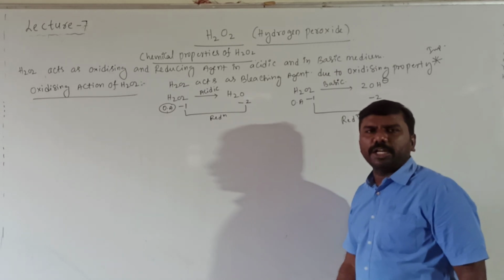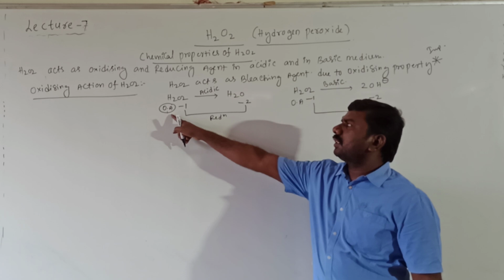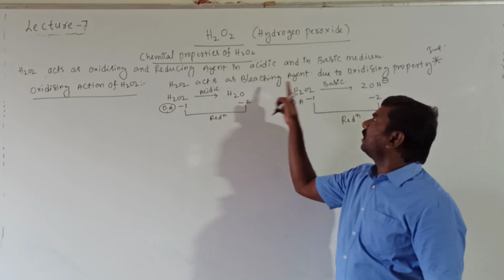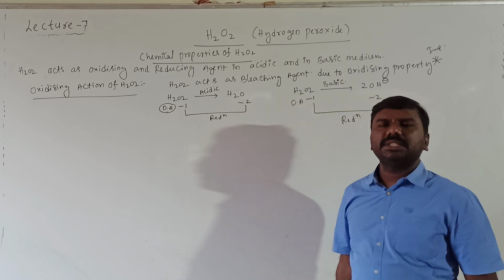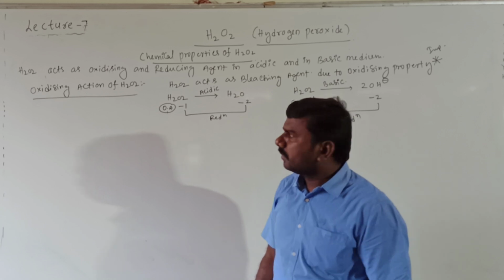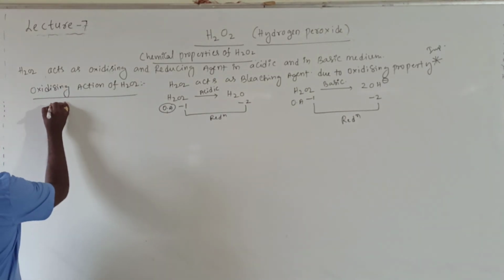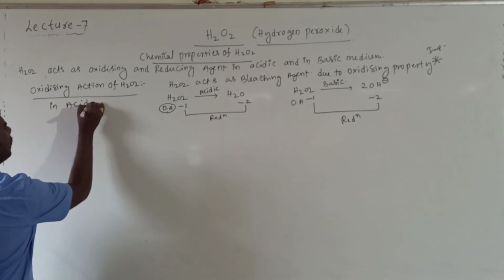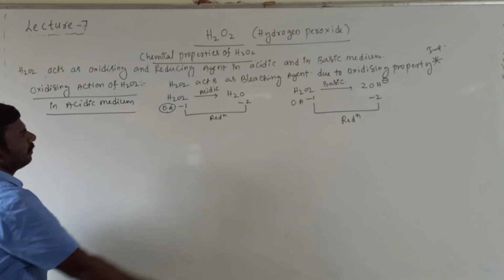Very, very important, just remember: it is itself involved in reduction in acidic as well as basic medium, hence it acts as an oxidizing agent in both. Now we will study the oxidizing action of H2O2 in acidic medium first.